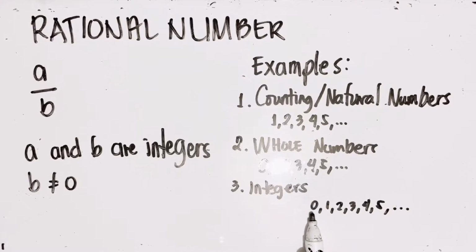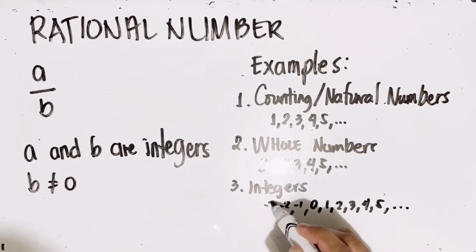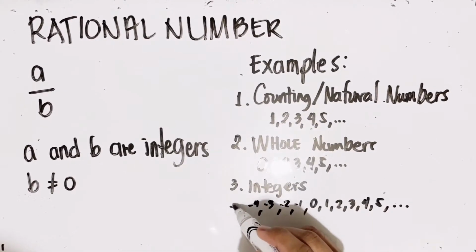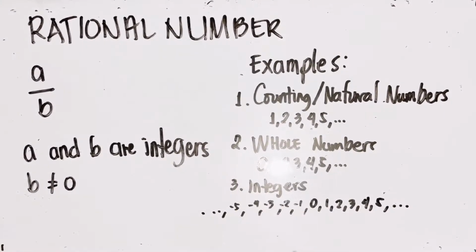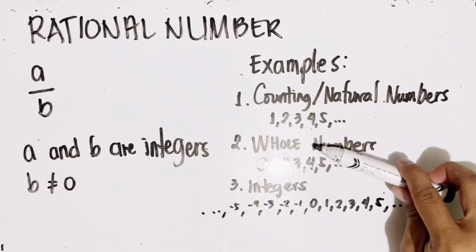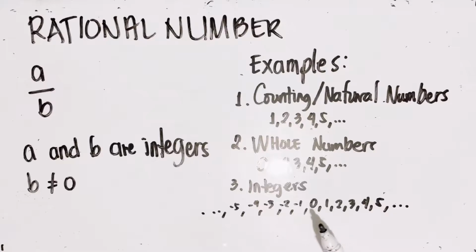And left of 0, we can have negative 1, negative 2, negative 3, negative 4, negative 5, and so on and so forth. These are called the negative integers. 0 is just a neutral number. So the integers are the negative integers and the positive integers with 0. The difference between whole numbers and integers are the negative integers.